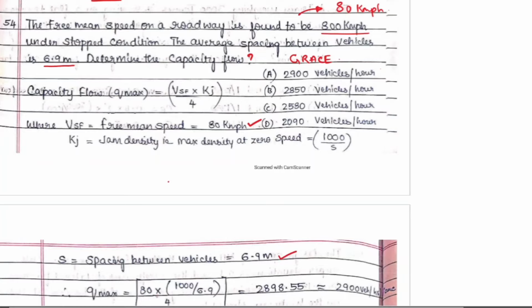So on substituting the given values, that is free mean speed as 80 km per hour multiplied by 1000 divided by 6.9, divided by 4. Therefore, the capacity flow will be 2898.55, which is equal to 2900 vehicles per hour per lane. So option A is the right answer, 2900 vehicles per hour per lane.